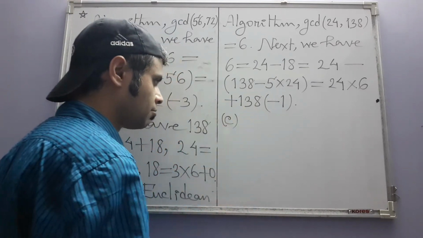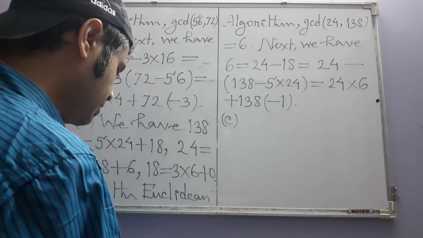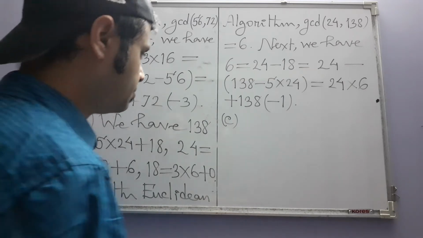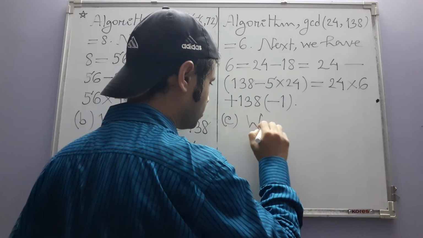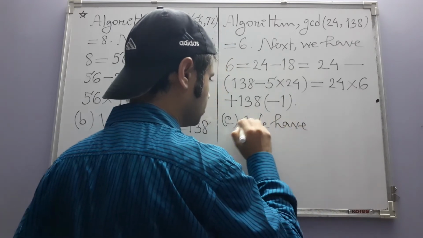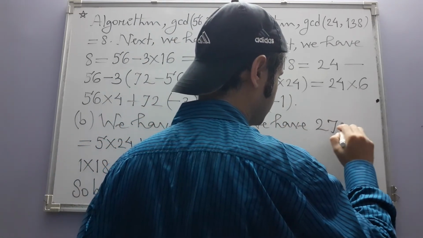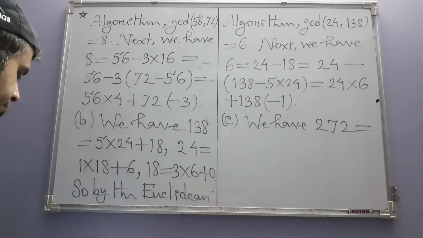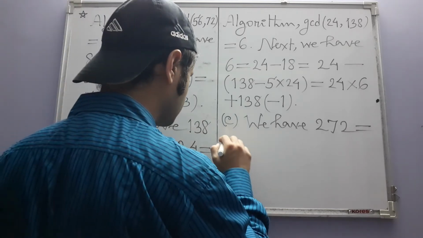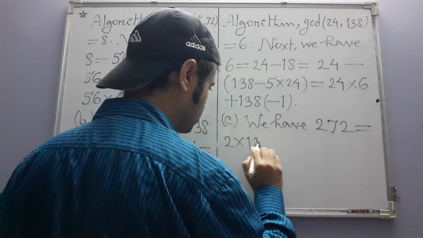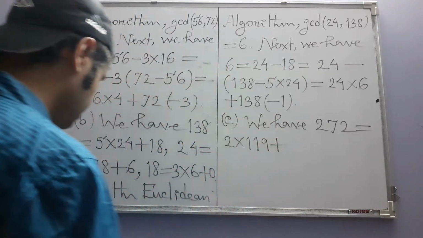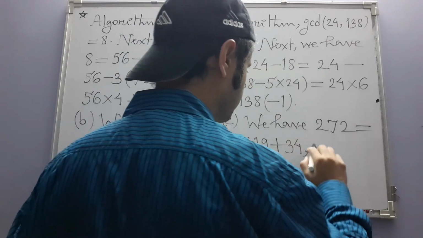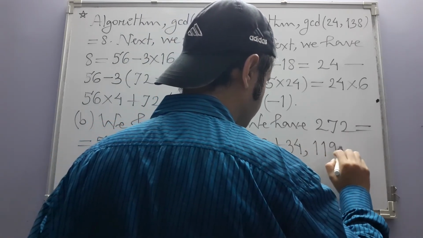Then part C. In part C, the integers are 119 and 272. We have 272 equal to, in this case these are the calculations, 2 times 119 plus 34. Next you divide 119 by 34.